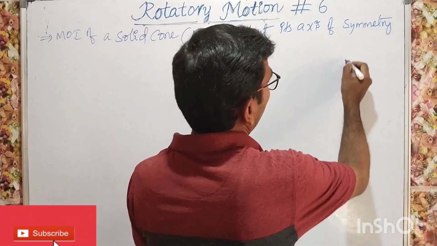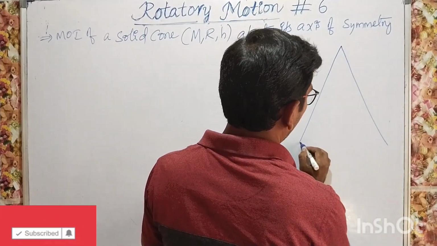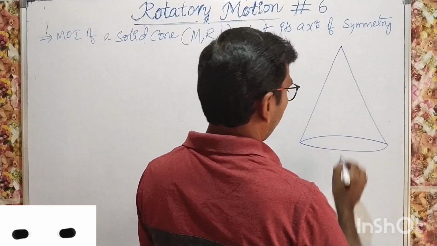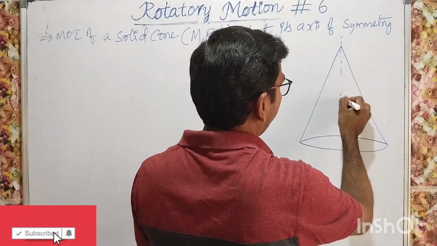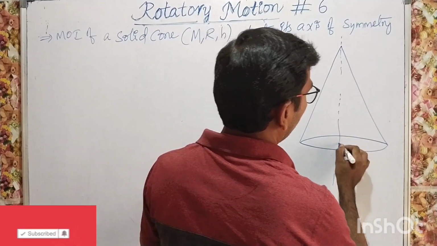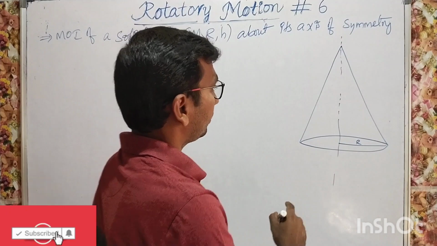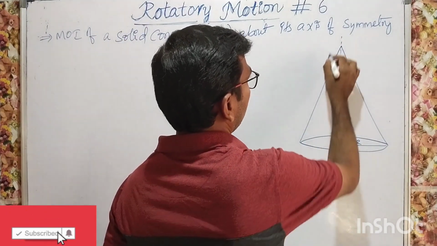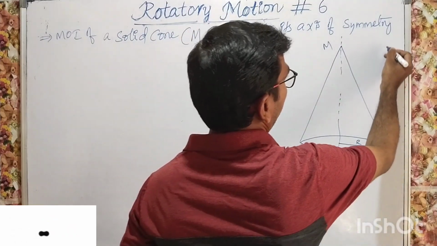Suppose you draw a solid cone here. This is the symmetry line, this radius is r, the total mass is m and the height is h.